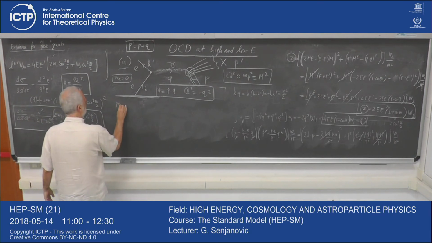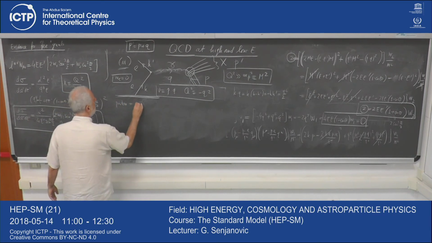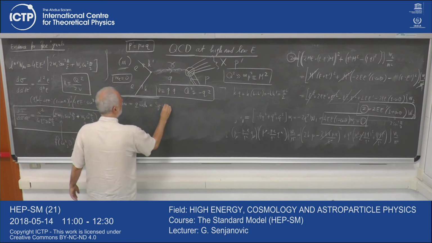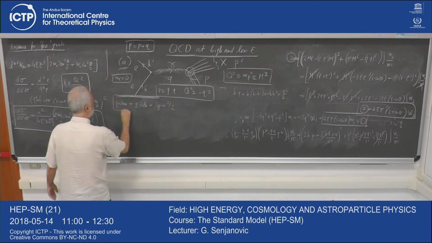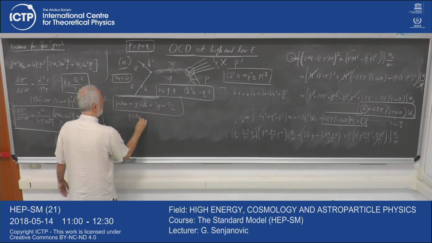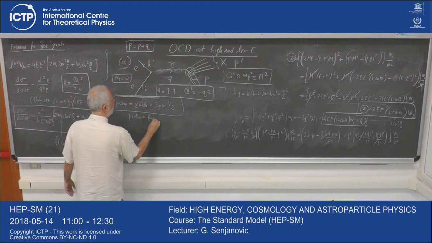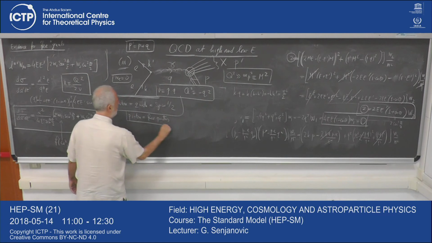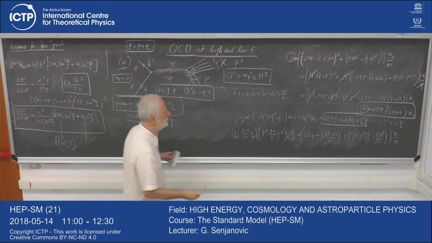So let's look at the parton picture, which is a quark, a spin half fermion. In other words, we are going to assume that the proton is made of these 3 partons, and just see what happens when I scatter an electron on a quark.